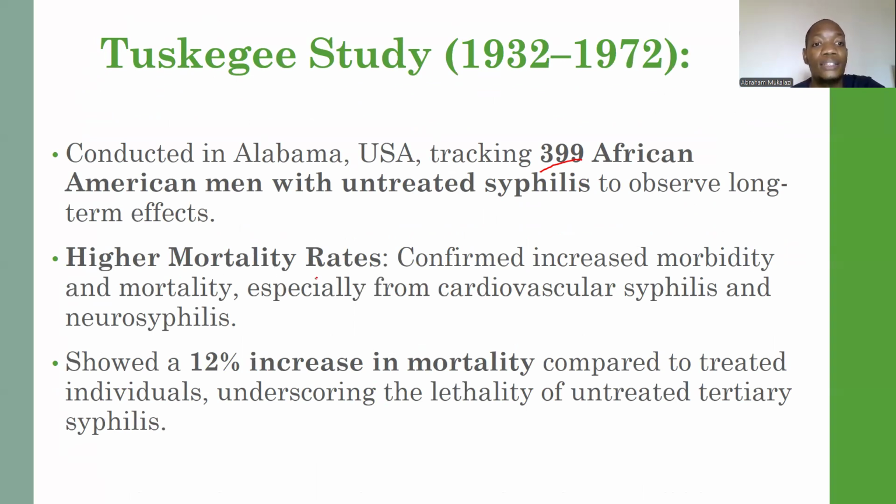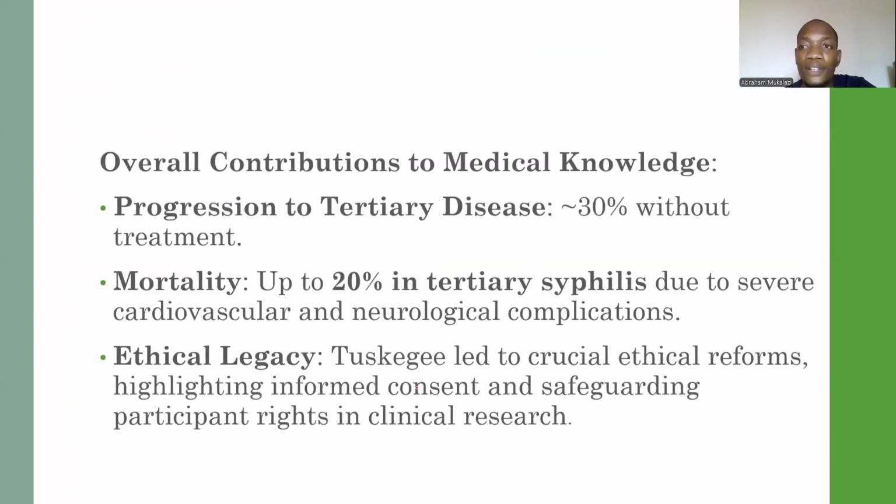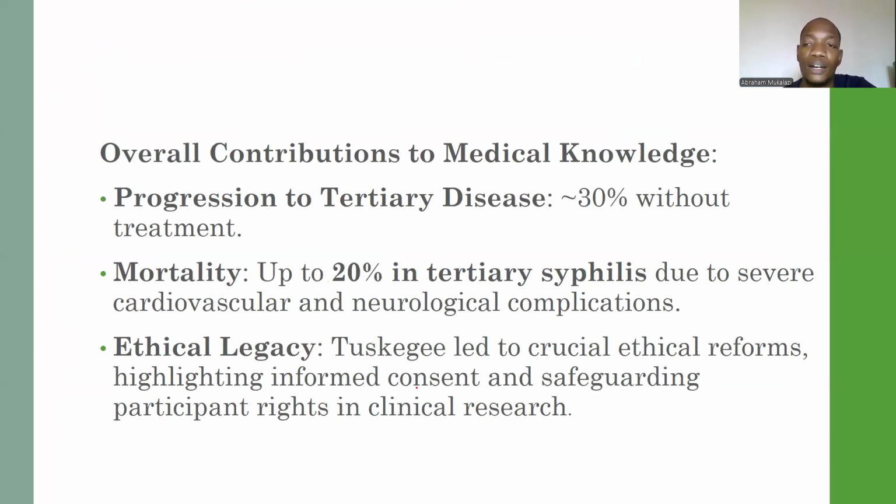Higher mortality rates were confirmed, especially if someone had comorbidities, maybe cardiovascular syphilis or neurosyphilis. So someone could get secondary syphilis, tertiary syphilis, and they're just observing to see what happens actually.